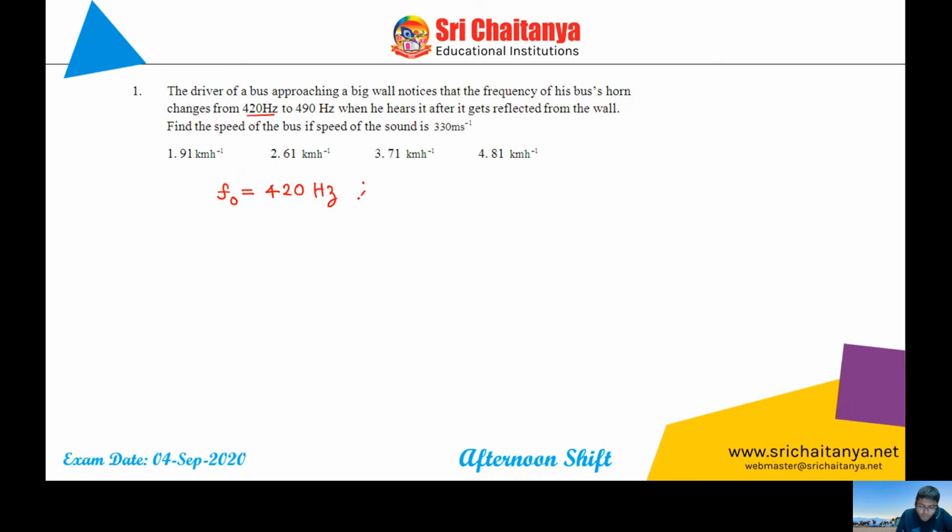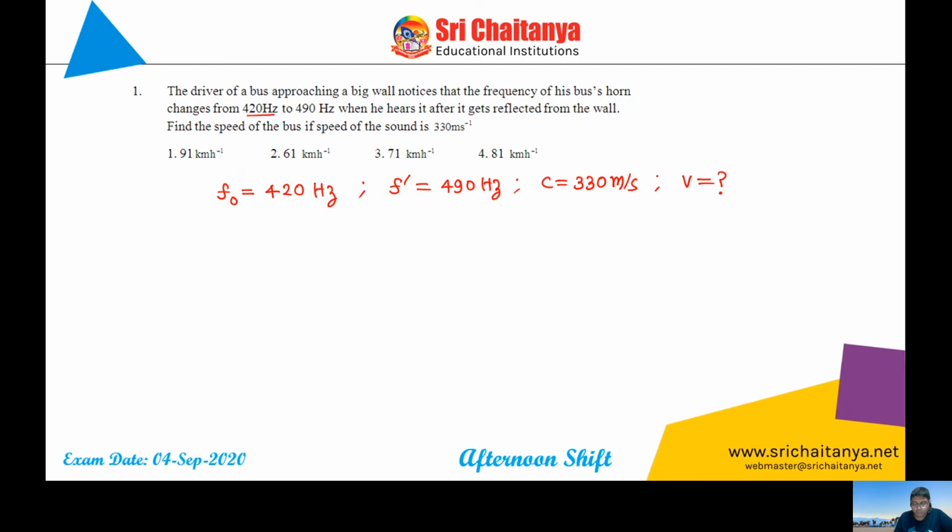Also, after reflection, the driver again will observe its echo, and the frequency of the echo has been given to us as f dash, which is 490 hertz. Apart from that, the speed of sound is given to us, that is 330 meter per second, and we are being asked what the speed of the bus is. So v, the speed of the bus, is unknown to us.